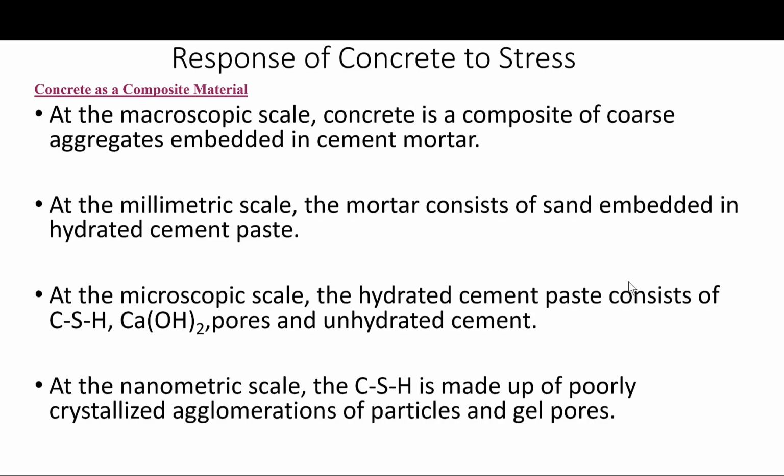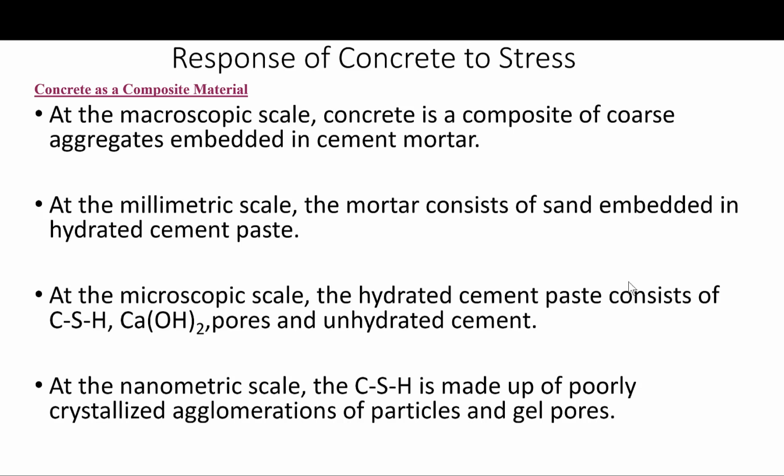Okay, so at the macroscopic level, concrete consists of coarse aggregate embedded in a matrix of mortar. On a somewhat finer scale, the mortar consists of particles of sand embedded in the matrix of hydrated cement paste.